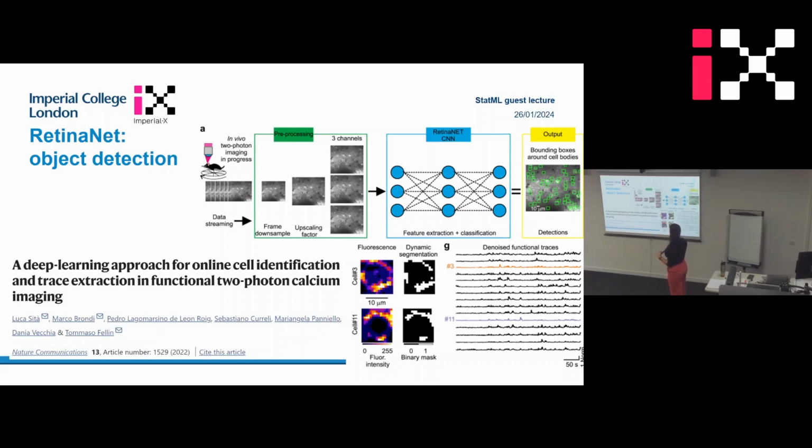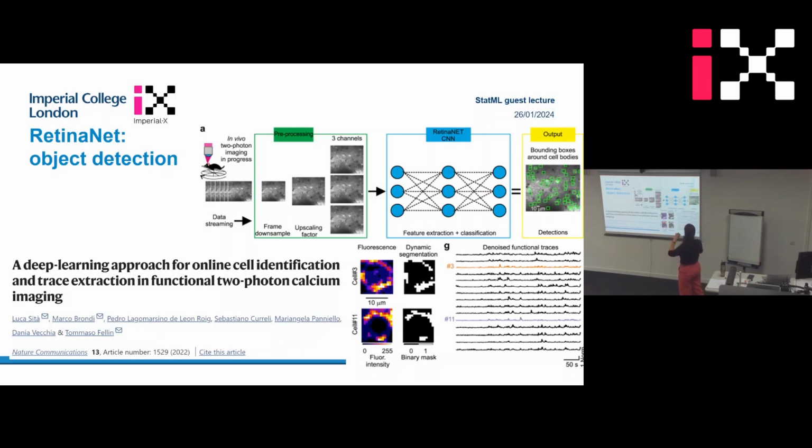The algorithm is first going to denoise and do some pre-processing on the videos, and then it applies the RetinaNet to detect where the cells are. So you're going to have these bounding boxes detecting where the cells are.